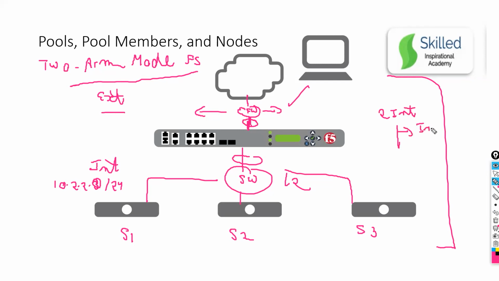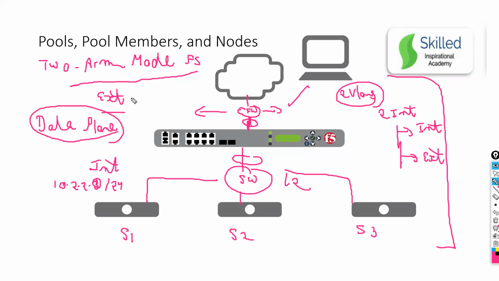One for internal connectivity, one for external. So how many VLANs are required? Two VLANs. One is external, one is internal. But by default, we have three VLANs. One is the HA VLAN also, but we are not talking about that VLAN right now. For the data plane, we have mainly two VLANs by default in our topology, external and internal.